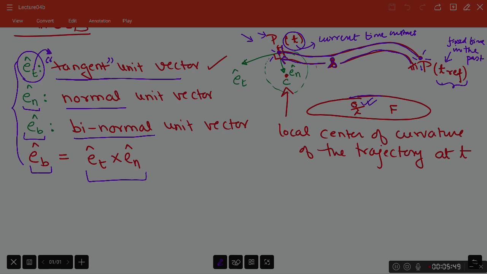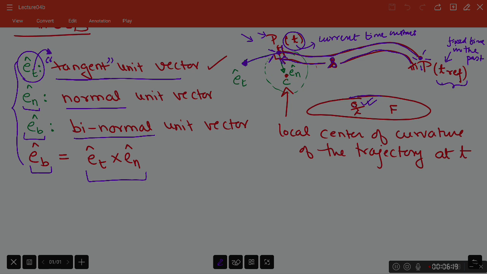Alright. Now coming to the question that I raised earlier, what is ET and what is EN? ET is a unit vector that is tangent to the trajectory of the particle at this current time instant. So the direction of ET is decided by the local tangent to the trajectory at this location. What is EN?